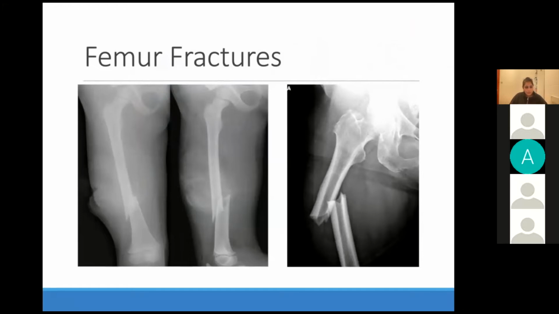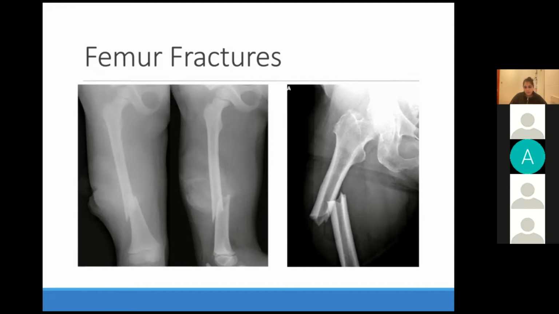Can someone describe what they can see here? Mid-shaft femoral fracture. Yeah. Bit more? Is it displaced, undisplaced? Is it transverse, spiral?